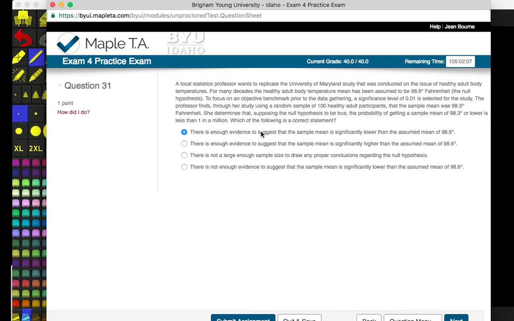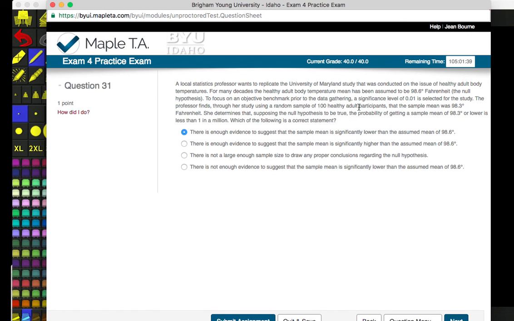Okay, there is enough evidence if it's less than that. And we don't have to calculate this, luckily. They're just going to tell you that. So if they're looking for a significance level of 0.01, and then they tell you that the probability is less than 0.01, which it is, it's 0.00001 or something like that, I don't know if I said enough zeros, then there is enough evidence.